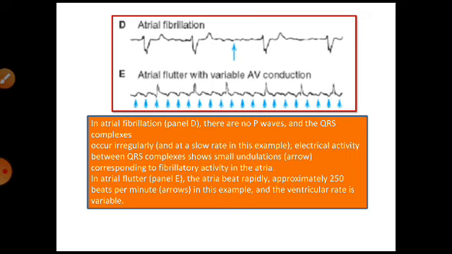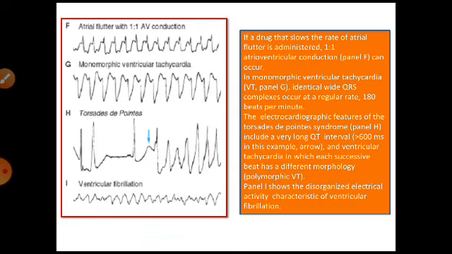You can also see atrial flutter down there. Here you can find atrial flutter with atrioventricular conduction, monomorphic ventricular tachycardia, torsades de pointes, and ventricular fibrillation.